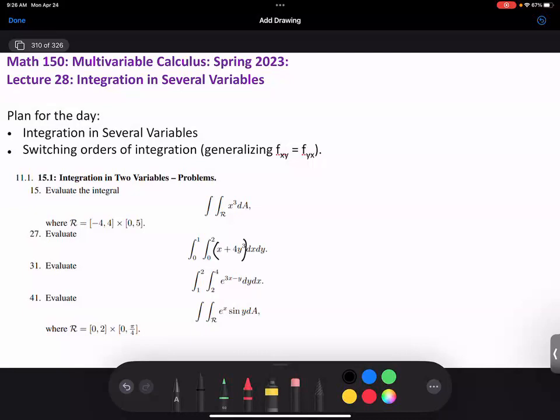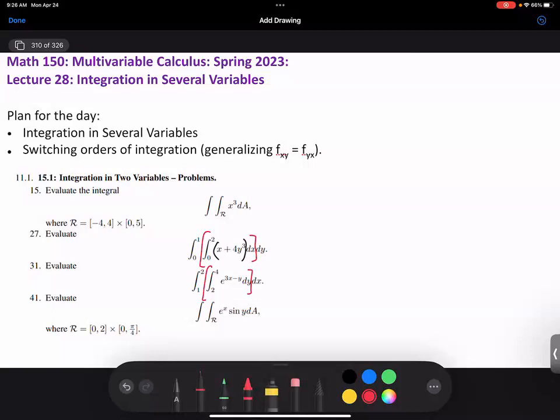So when you have the integral of x cubed dA, you could integrate with respect to x first or with respect to y first, it doesn't matter. For the second one, where you have the integral of dx dy, what this means is we first integrate with respect to x and then with respect to y. For the next one, we first integrate with respect to y and then with respect to x.